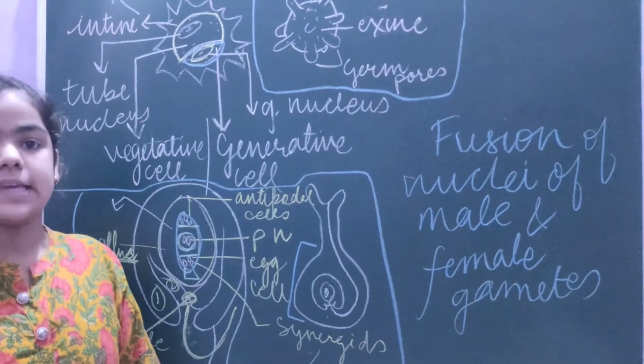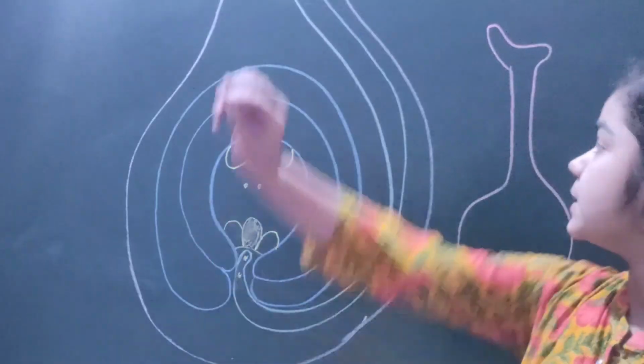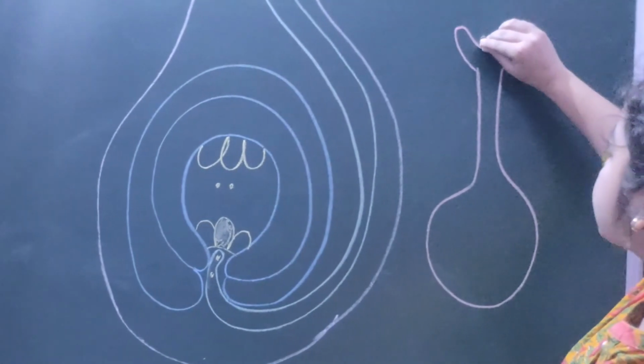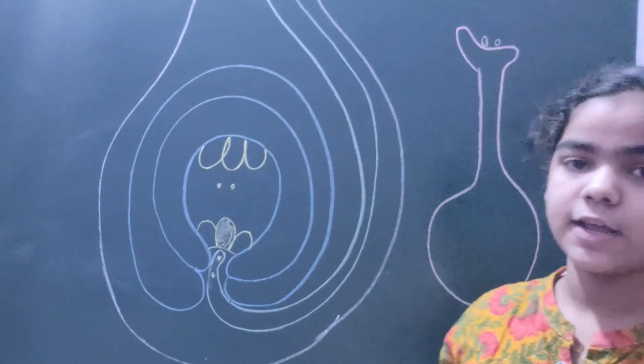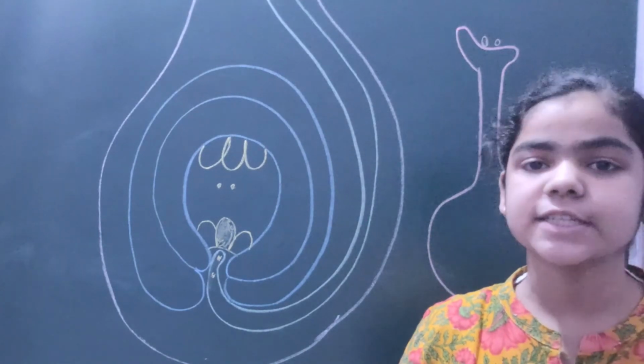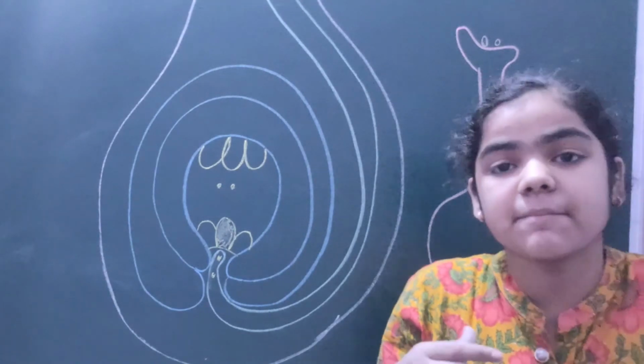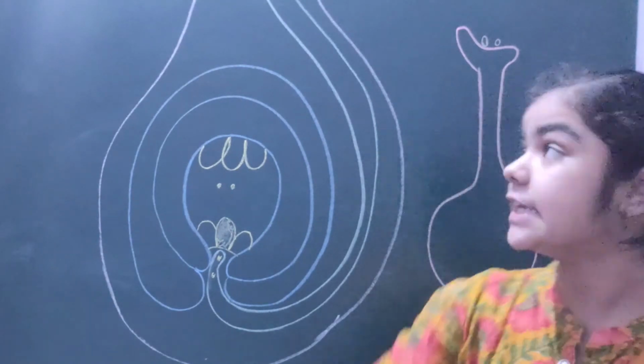Now let us see how fertilization occurs in these both parts. The pollen grains fall on the stigma of the flower. Now the stigma has a capability that as soon as the pollen grains fall, they produce a sugar. And there is an importance of that pollen grain being of the same species.